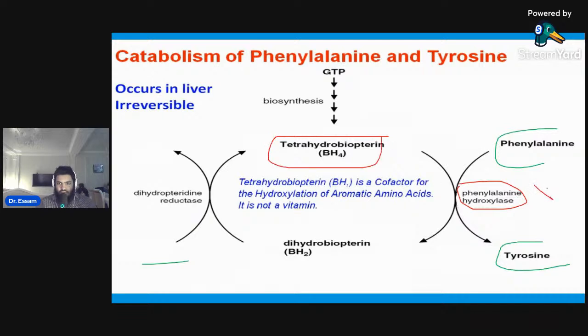So, if any of these things is absent, what will happen? Phenylalanine will be very high. Now, you please tell me in the chat, if phenylalanine is very high, what do we call that disease in which phenylalanine is very high?